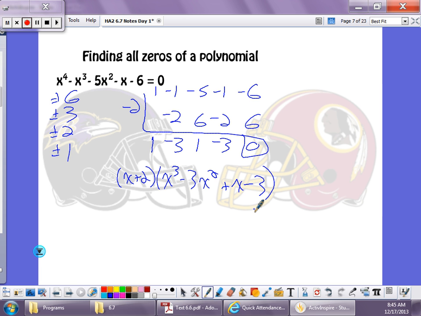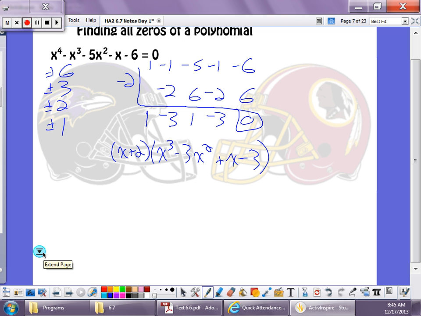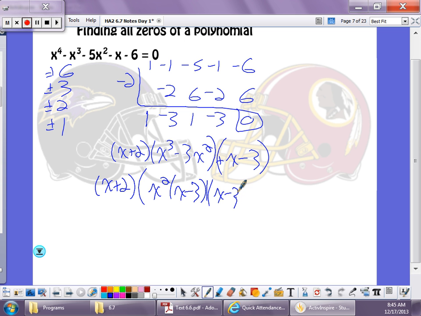And then once you're here, you can factor by grouping, right? So you'd get x plus 2. Take out an x squared, x minus 3. Take out a 1, x minus 3. So you're left with x plus 2, x squared plus 1, and x minus 3.